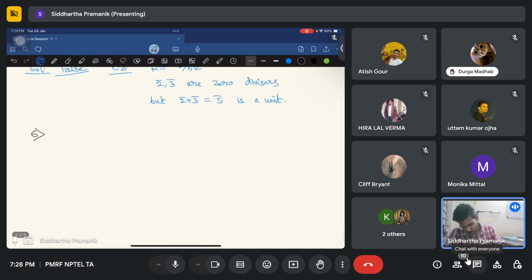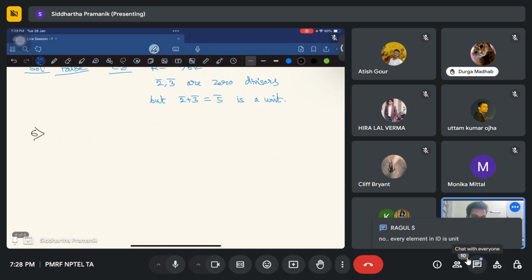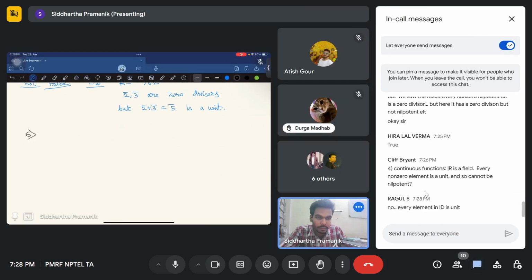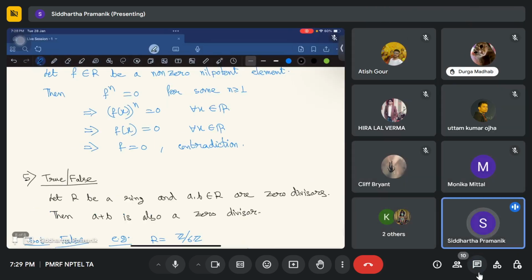Okay, let's do an easy exercise on subrings. Every element in R is a unit, right? So every non-zero element of R is a unit. So every non-zero element of R cannot be nilpotent. Yeah, what you are trying to conclude, I'm not saying.